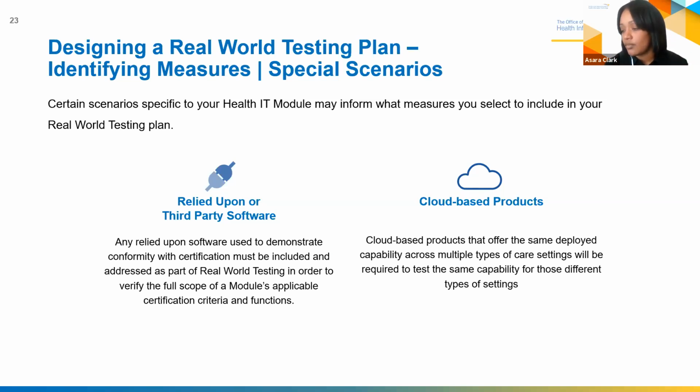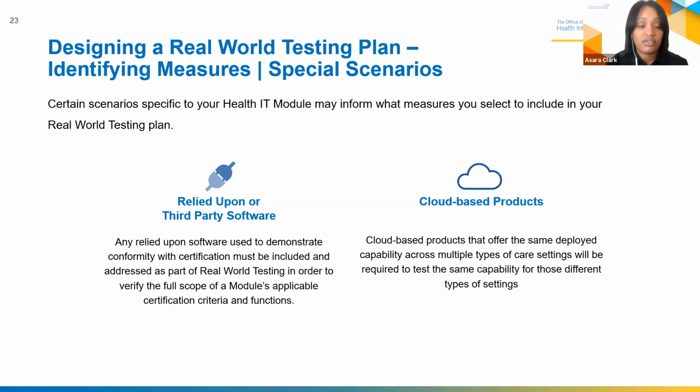ONC is basically saying, if you have a certification that's been issued based upon use of third-party relied upon software, you have to make sure that it is included in your real-world testing. Because remember, this is the full scope of your certification. If you use third-party relied upon software, that's within the scope of your certification.